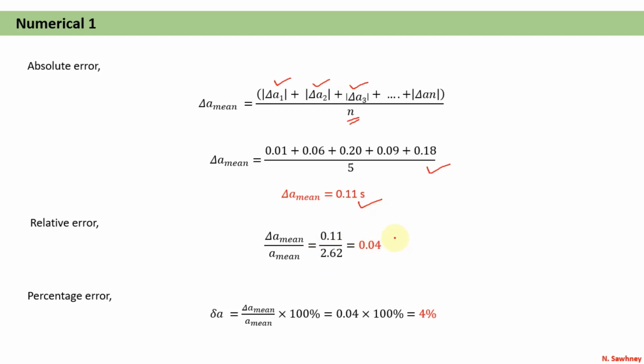Then I have to calculate the relative error. Relative error is simply the ratio of the absolute error and the mean value. The mean value we have calculated earlier comes out to be 2.62. So the answer is 0.04. And the percentage error is simply multiplying the relative error value by 100, it is 4%.